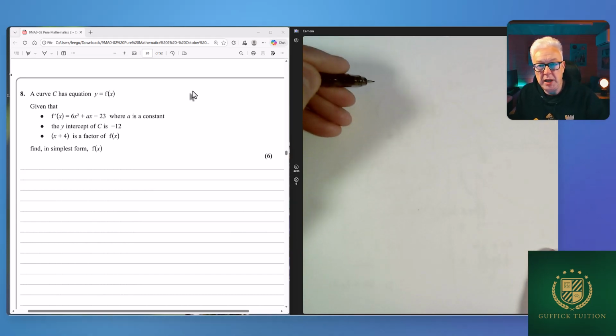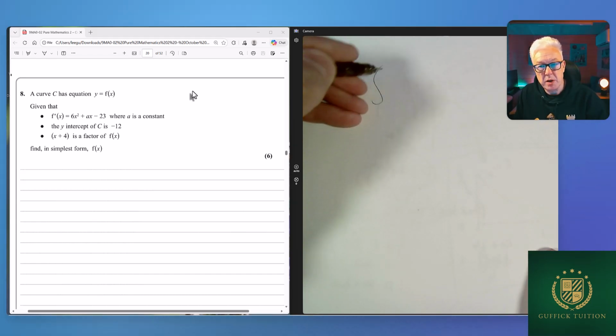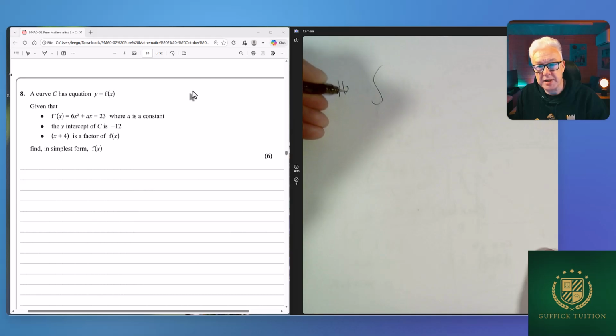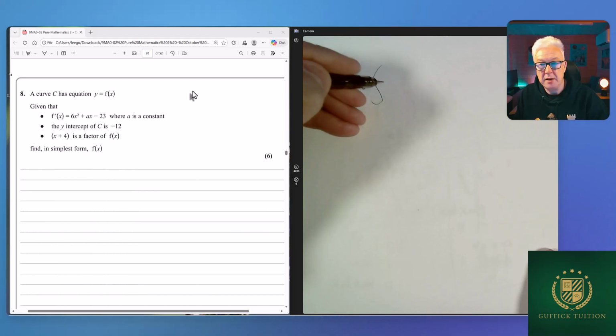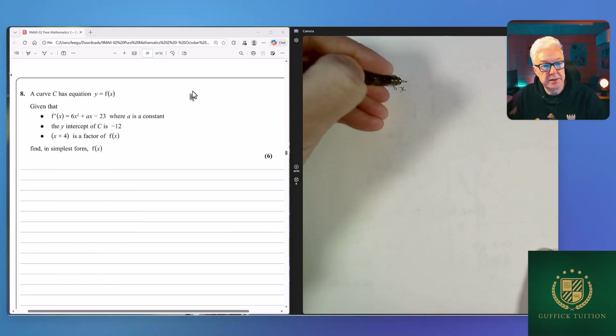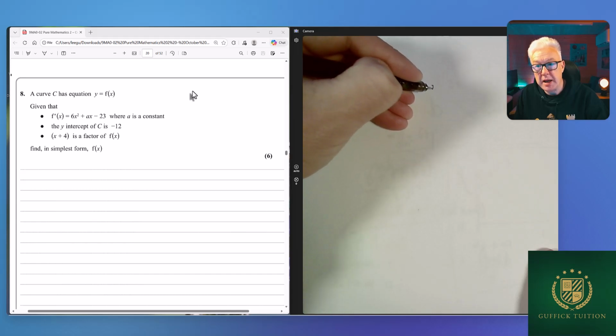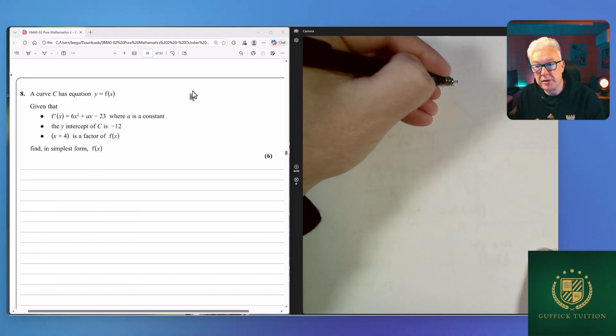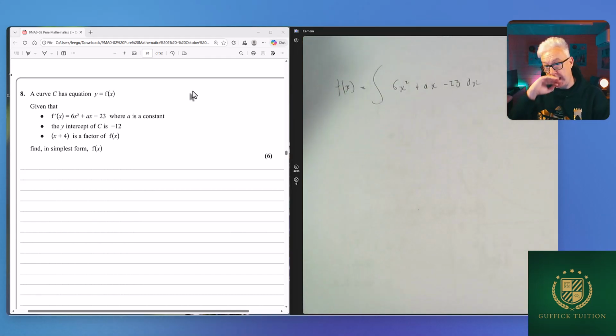So first of all, let's integrate the equation. In order to find out what f of x is, we're going to integrate 6x squared plus ax minus 23 with respect to x.